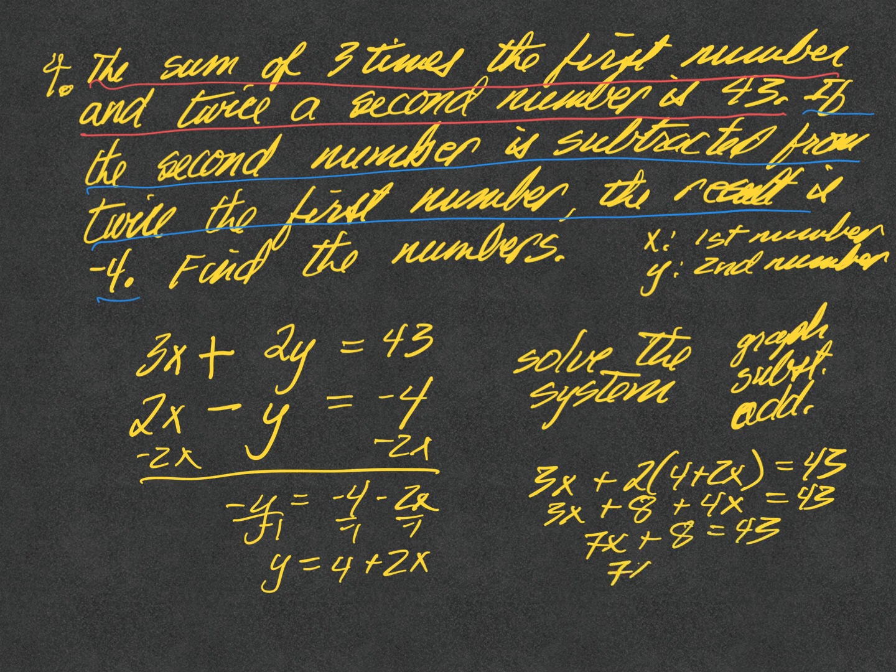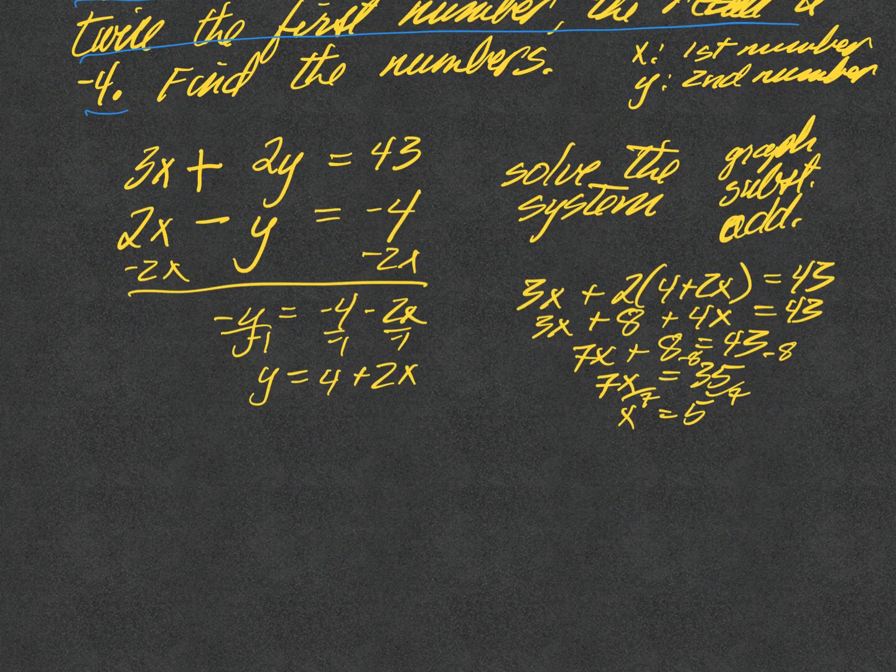So 7x is equal to 35. I subtracted 8 from both sides. And so x is equal to 5 when I divide both by 7. Okay? So now I know what x is. And since I know what x is, I can then... So that's one of the numbers.